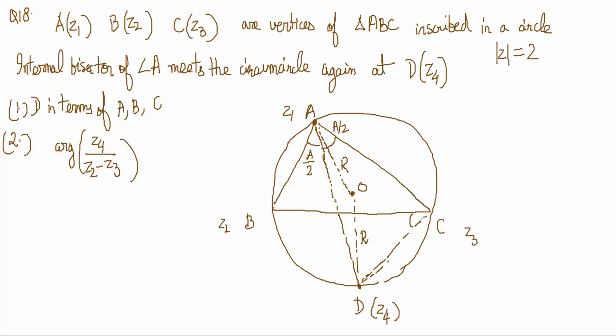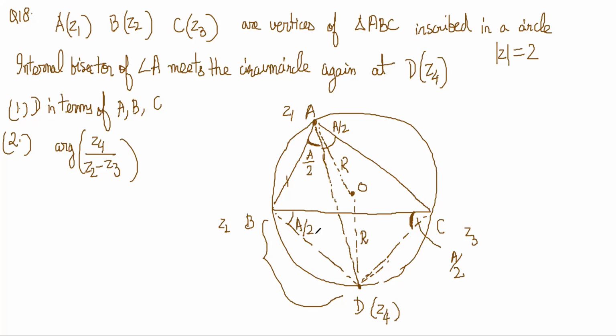This angle is A by 2. Everyone understands, no? This angle is A by 2 because same arc. Similarly, this angle is also A by 2.